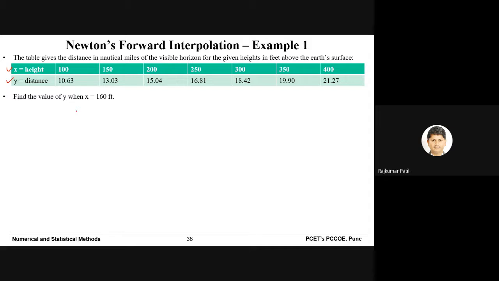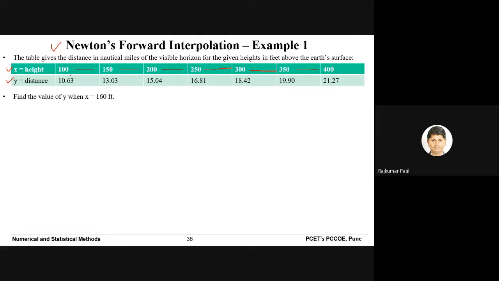So you may have a confusion between Newton forward and Lagrange's, which method we need to use. So you need to check the values of x. When you look at the values of x in this case, they are equispaced. So definitely we should go for Newton's forward method. This is how you need to find out which method you have to use.